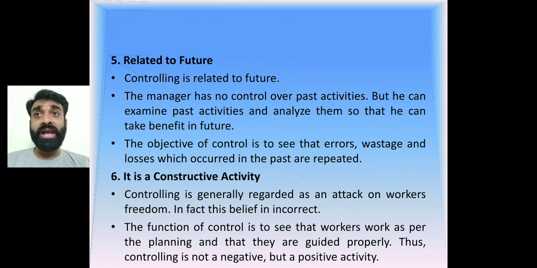So controlling helps to improve performance, the input of the employee, through proper controlling, so that in future these mistakes are not going to happen. So it is related with the future, right? Because whatever errors have happened in the past or present, whatever wastage of resources has been done, should be removed or reduced, and cannot be repeated in the future.